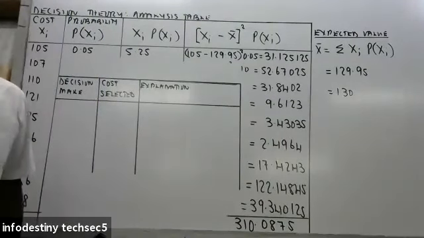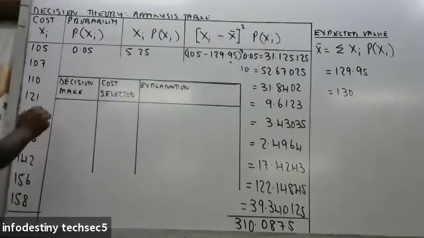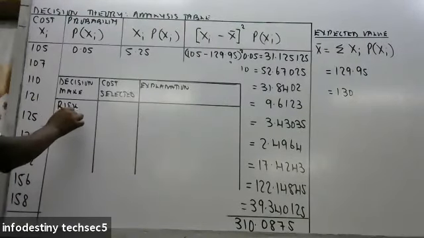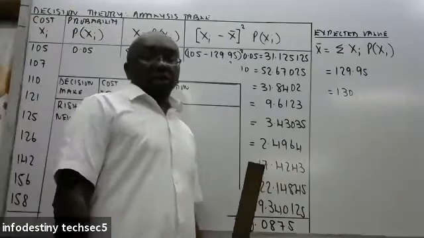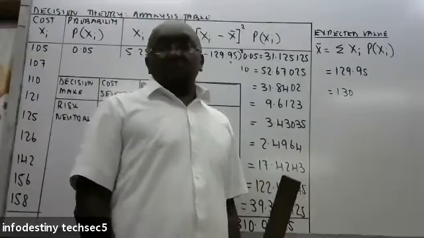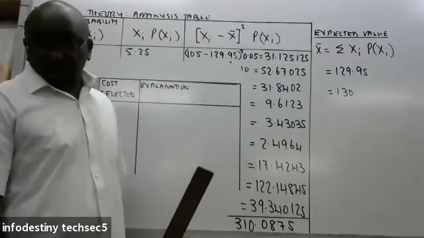So the first decision maker is risk neutral. Risk neutral is a decision maker who does not compute risks. He works on the expected values.